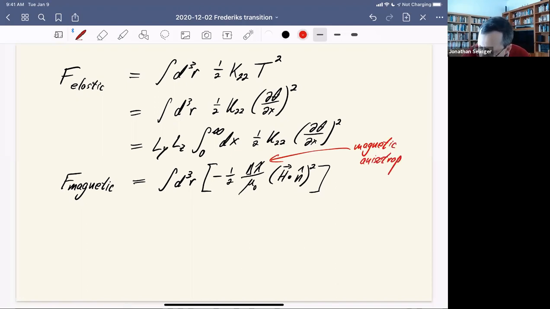And that determines whether the liquid crystal director tends to align parallel or perpendicular to the magnetic field.